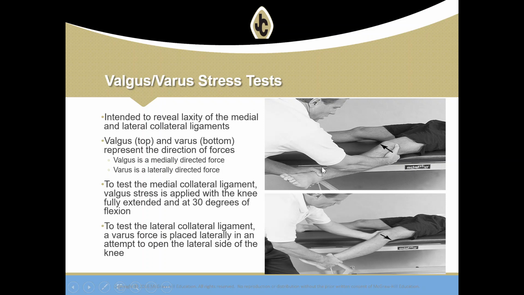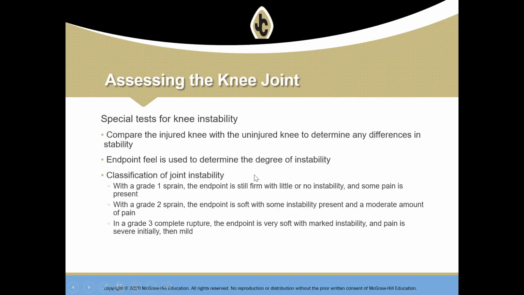We're stabilizing one hand on the ankle, the other hand on the outside of the knee, and pushing in, so we're stressing that medial ligament. And then we just switch our hands up, moving our hand into the inside and stressing the lateral ligament right here. Okay, so again, going back to our previous slide, we're looking for, is there a firm endpoint? Is it soft? Is it very soft to the point where it's not there at all?